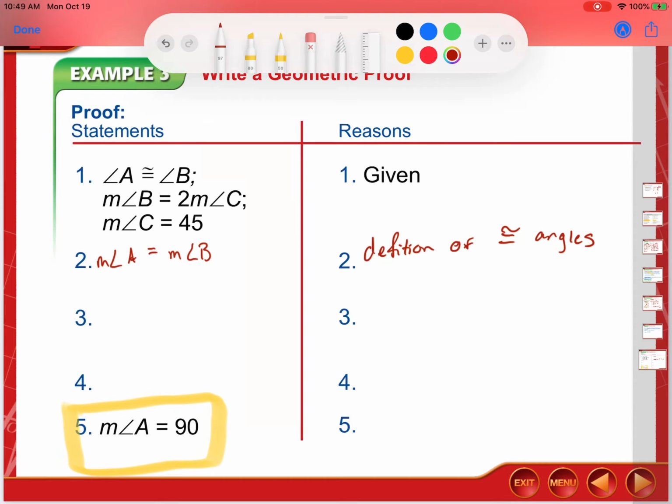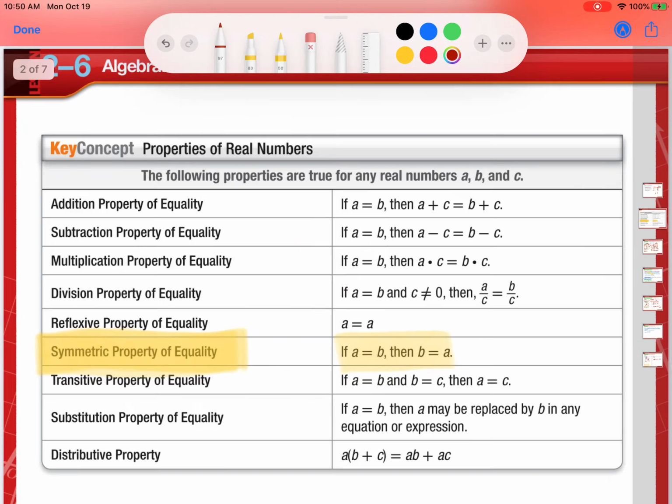So my second step is I'm going to say the measure of angle A equals 2 times the measure of angle C. And now what I was doing there is I substituted A into this measure of angle B equals 2 times the measure of angle C. Okay, now that property, if we go back to our property page real quick, that one is the transitive property of equality.